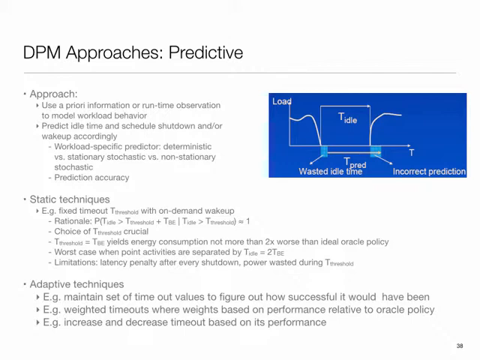Now, in some sense, our threshold-based approach, the fixed timeout threshold, is also making a prediction. When would it work? It's basically saying that if I have been idle for more than the threshold period of time, then I'm going to remain idle for threshold plus break-even time. That's the condition under which it is actually going to save power.